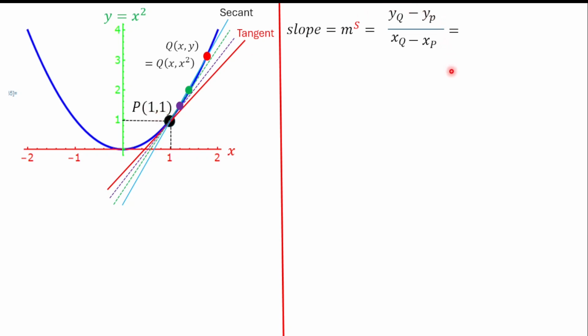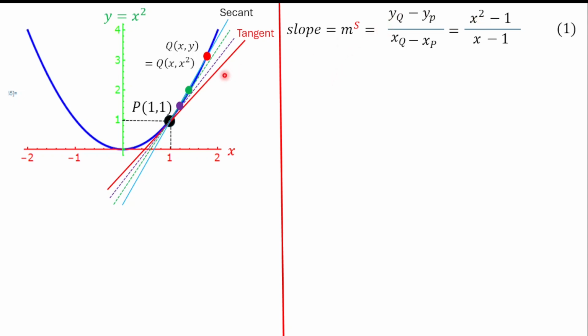So I just replace those values into this equation and rewrite it in this form, and I call this equation 1. One thing more, you must note that I have replaced yq with x squared.